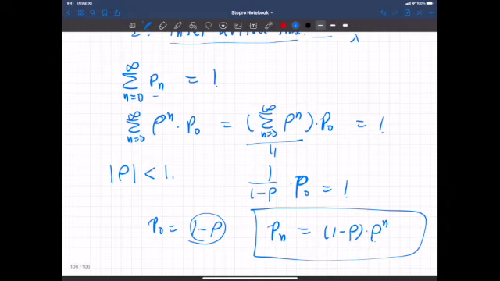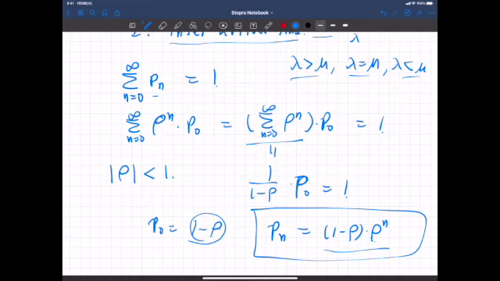Now you should check what would happen if lambda is greater than mu, or lambda is equal to mu, or lambda is less than mu. So for each case, what does this imply? Okay, but we're assuming this, so this should not happen. And that's reasonable.